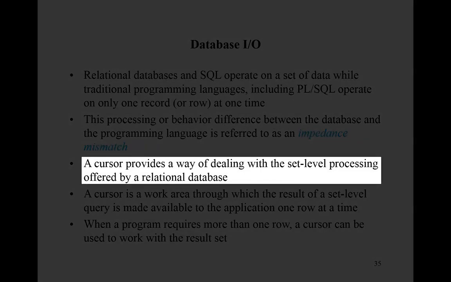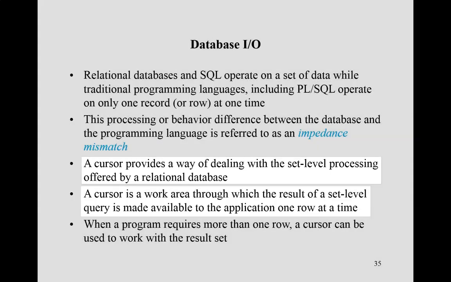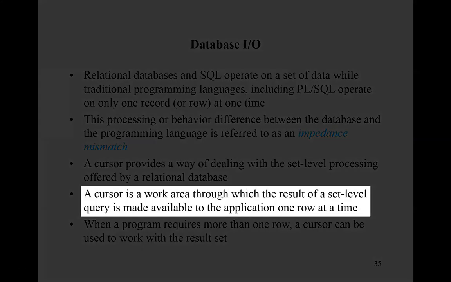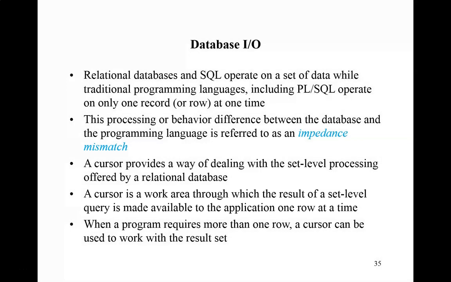A cursor provides a way of dealing with the set-level processing and bridges the gap between these two different approaches, set-level and record-level. A cursor is a work area through which the result of a set-level query is made available to the application one row at a time. When a program requires more than one row, a cursor can be used to work with the result set.